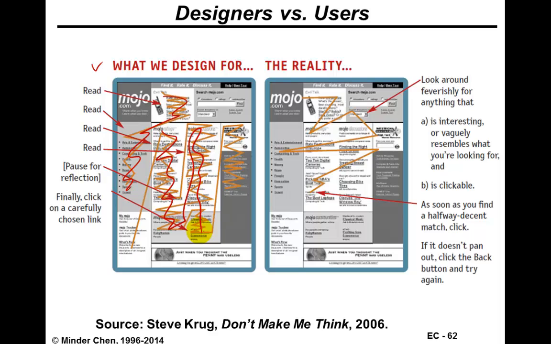And if the next page does not meet their expectation, not what they thought it would be, they will use the back button to come back. So keep that in mind. In reality, users are scanning your page. Whatever you want to get their attention, make sure that you design it so that it stands out and makes it easy to get people's attention.